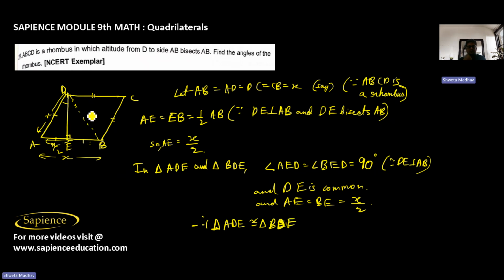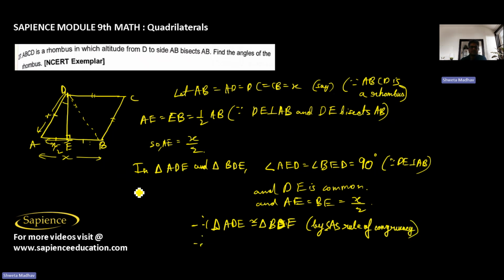by the SAS rule of congruency, side, angle, side. By the SAS rule of congruency, these two triangles are congruent.